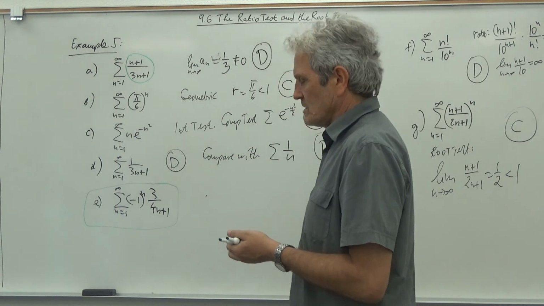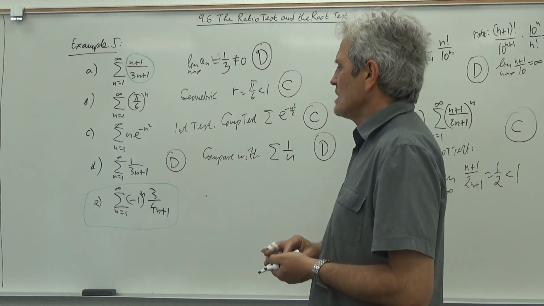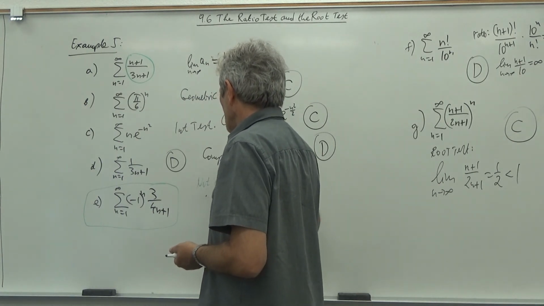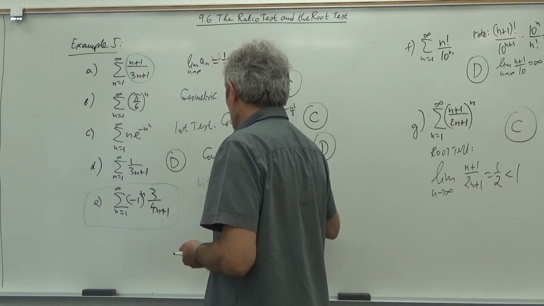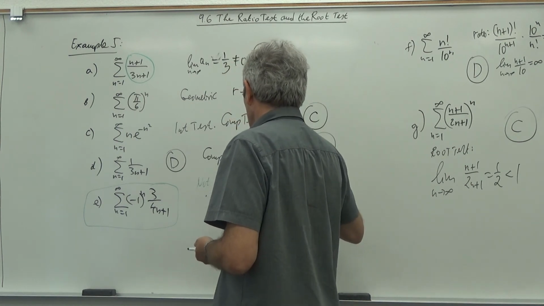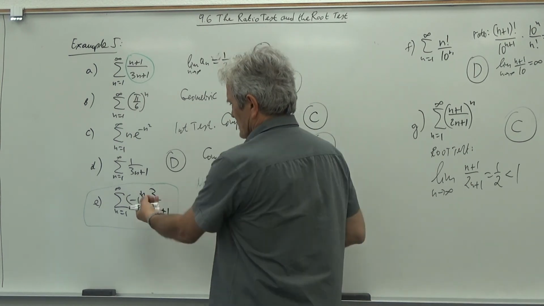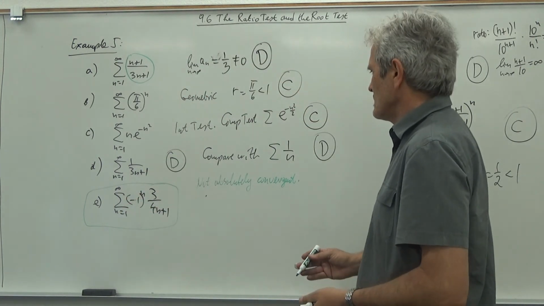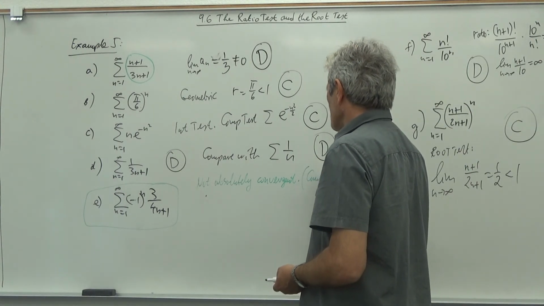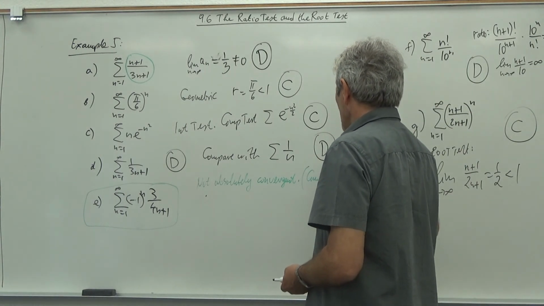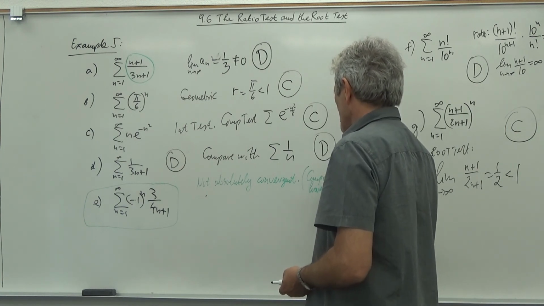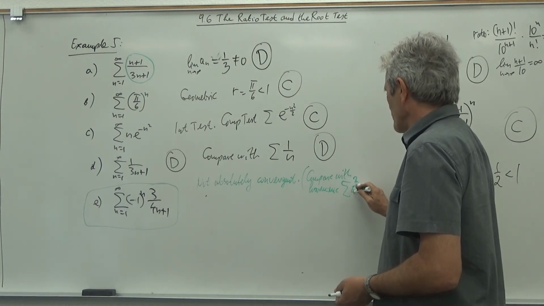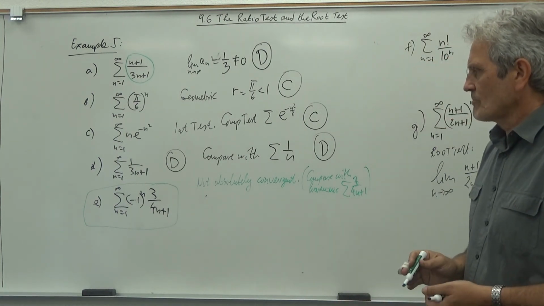The last one that we skipped for a moment was this one. So what happens? It is not absolutely convergent. Why not? Because if I take the absolute value, it behaves like the harmonic series. So compare with harmonic: not your original, but the absolute value, 3 over (4n plus 1).